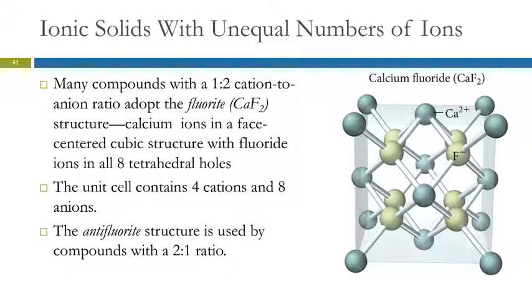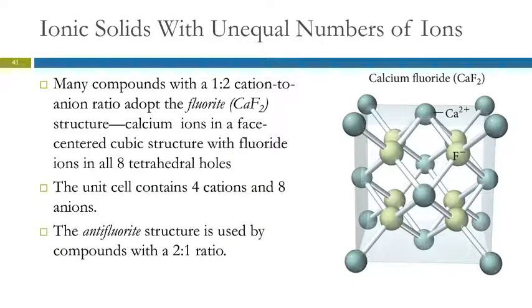Things get even more complicated when you have unequal numbers of ions. So the ones we looked at so far were all a 1 cation to 1 anion. If you have a 1 to 2 cation to anion ratio, many of these compounds adopt the fluorite structure. Fluorite is calcium fluoride. So here we've got calcium ions in a face-centered cubic structure, and the fluoride ions are occupying all 8 of the tetrahedral holes.